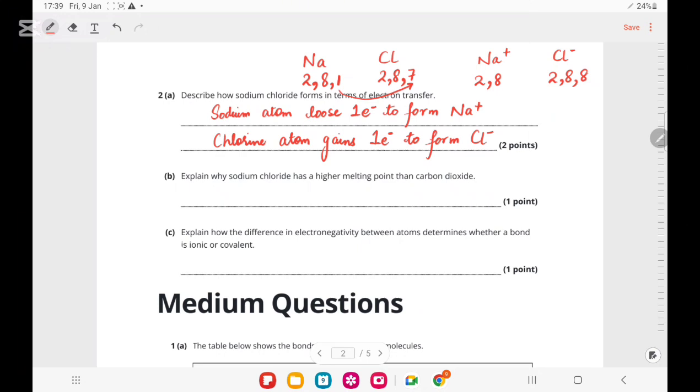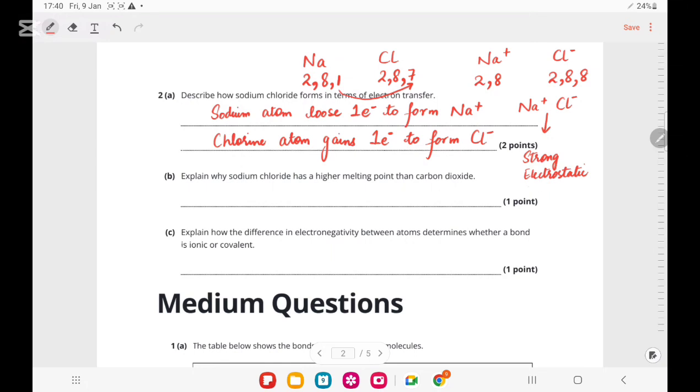So we are going to see that sodium ion and chloride ion form an ionic compound, and as they form ionic compound, there exists a strong electrostatic force of attraction between cations and anions.